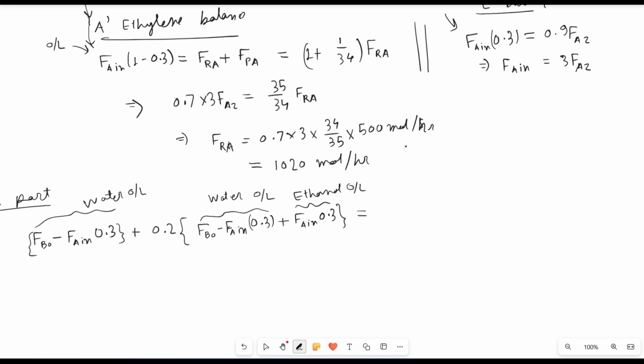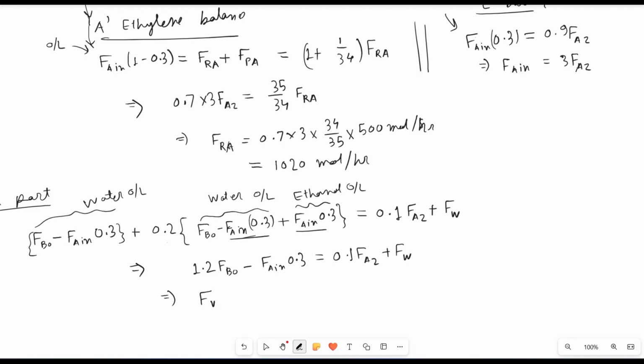This is equal to the water going to the azeotropic product, which is 0.1 of the azeotropic flow rate, plus the remaining wastewater, which we denote by W. Now, if we simplify this expression, this term and this term get cancelled, and 0.2 FB naught plus FB naught is 1.2 FB naught minus FA in into 0.3, which is equal to 0.1 FAZ plus F wastewater.